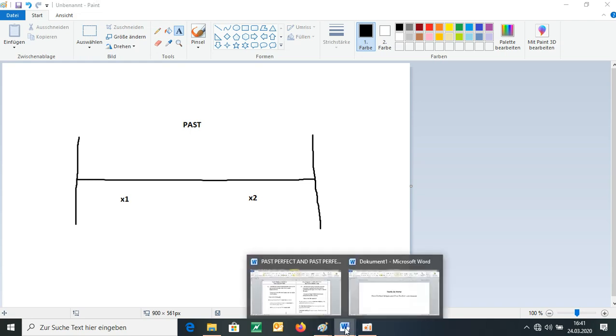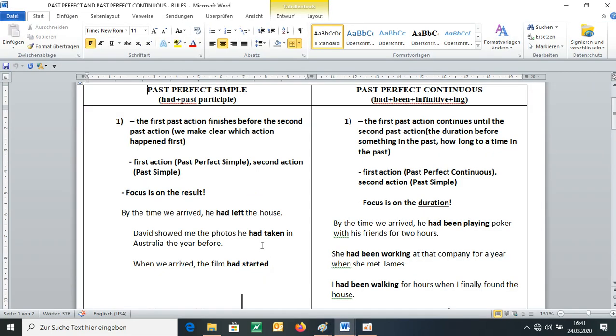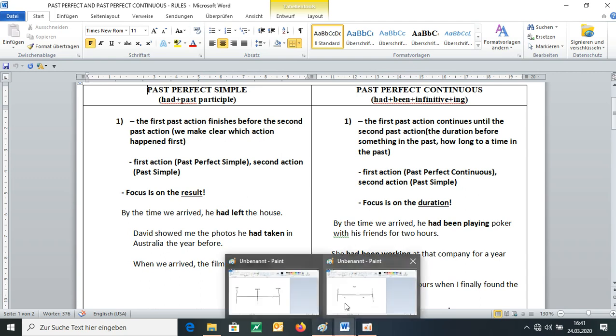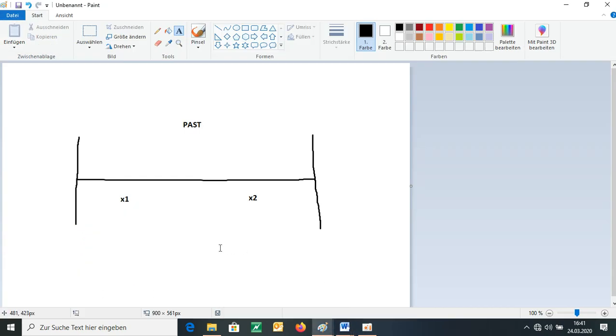If you look at the past perfect simple, we have an action in the past happening before another action in the past. We have an action, we call it x1, that happened in the past, and action x2 that also happens in the past.